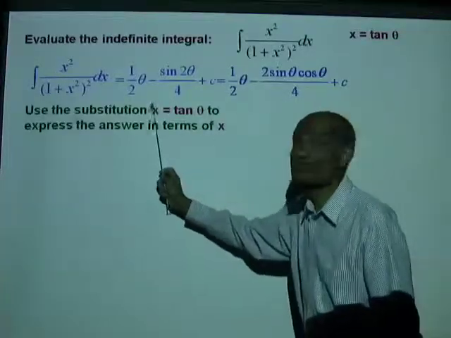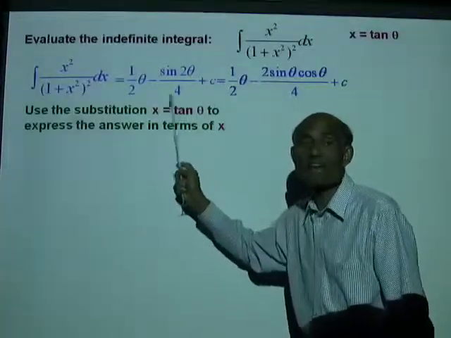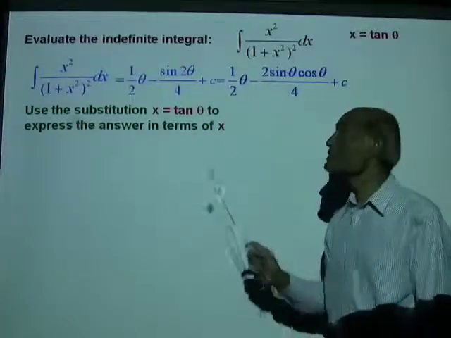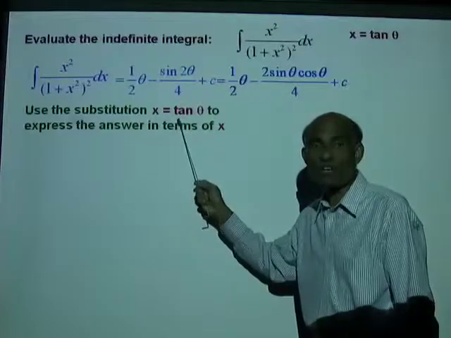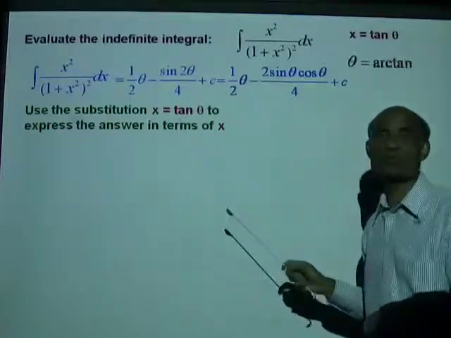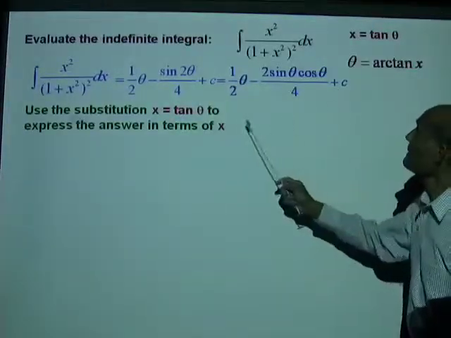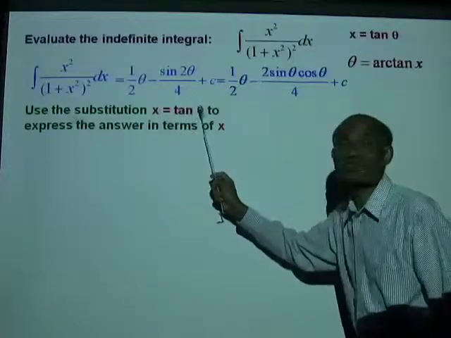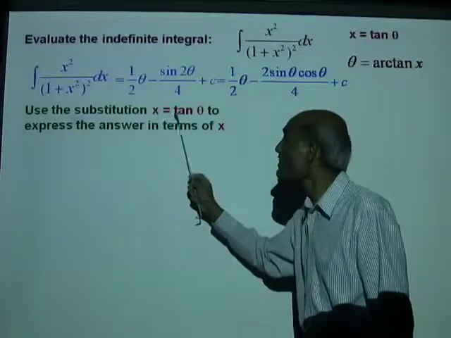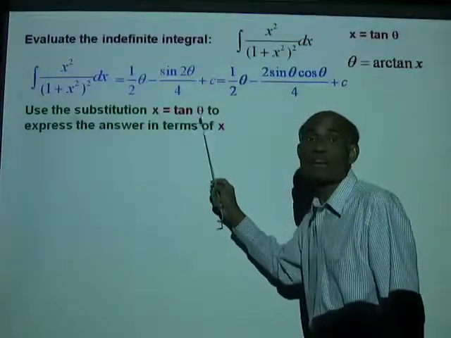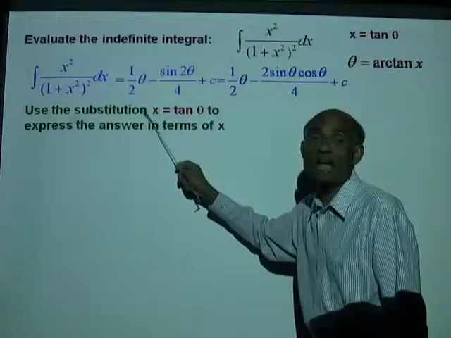Our original substitution is x equal to tan theta. So we use this substitution to construct a triangle. What is tan theta equal to? Now, if x equal to tan theta, I hope you understand this skill. If x equal to tan theta, then theta equal to arctan of x.